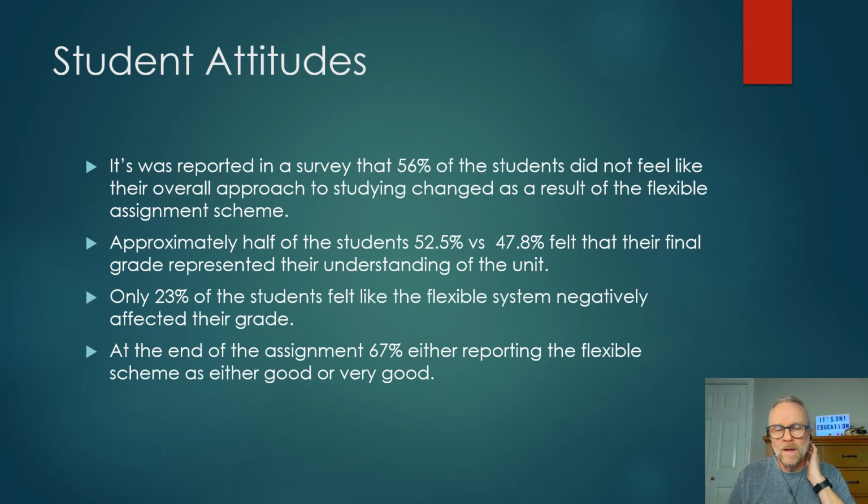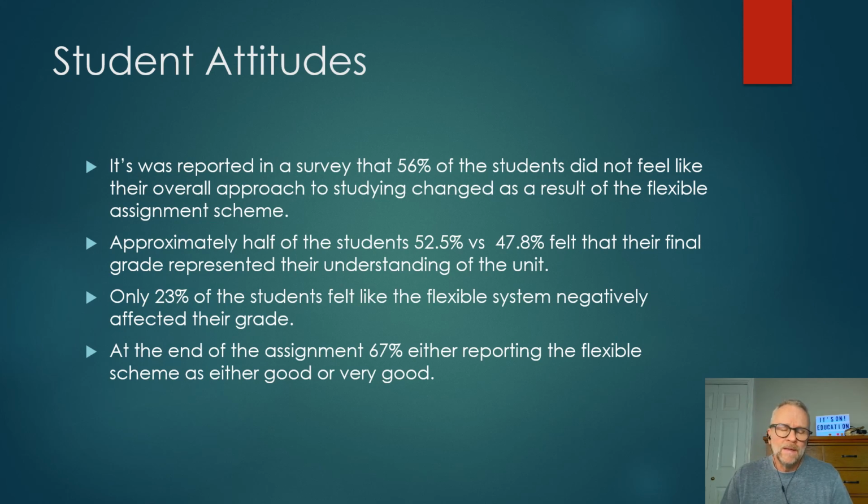So, kind of a mixed bag of results there. But that last statement, that 67% reported the flexible scheme as either good or very good, I think, if I recall correctly, was only with the students that chose the flexible assignments.